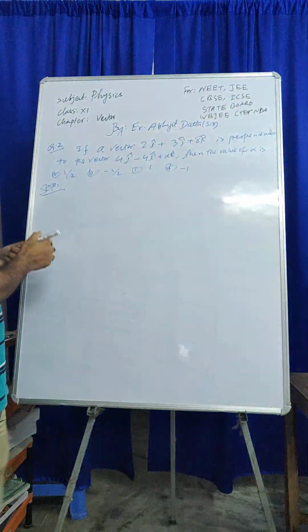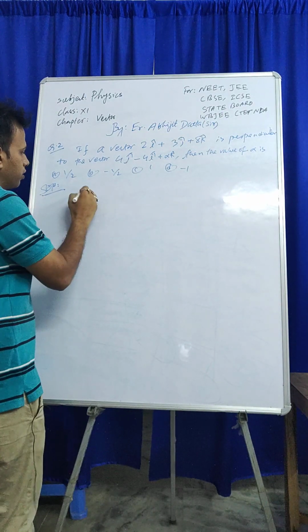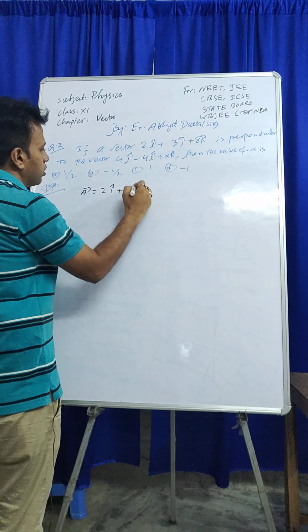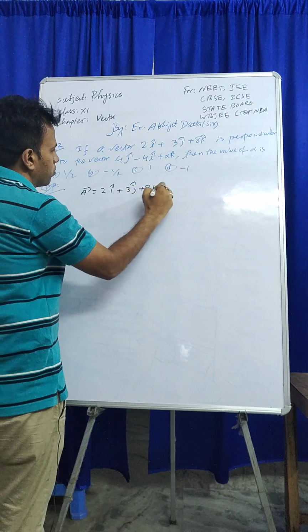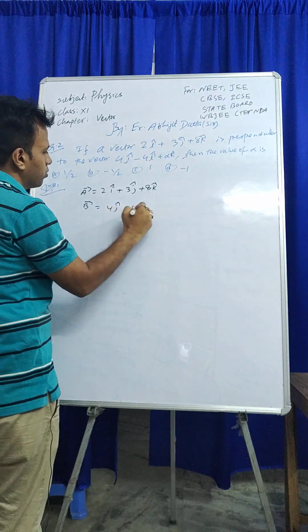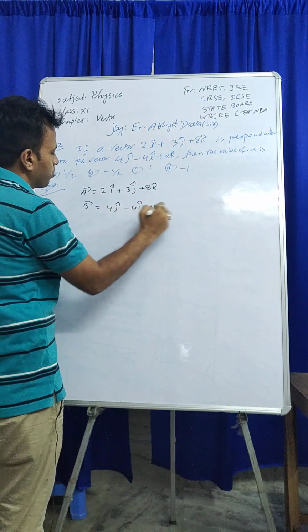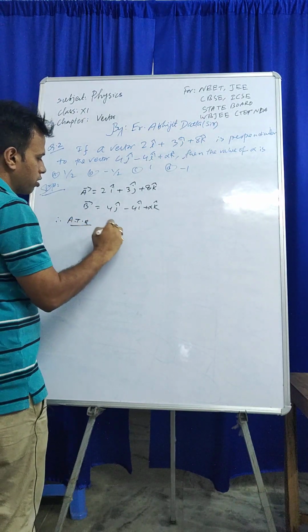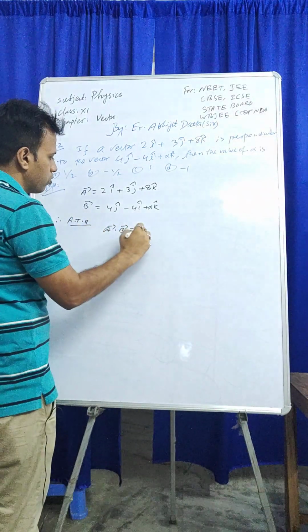So we know from the scalar product, suppose this one is A, 2i cap plus 3j cap plus 8k cap, and vector B is 4j cap minus 4i cap plus alpha k cap. According to the question, A dot B will be what, sir? 0.